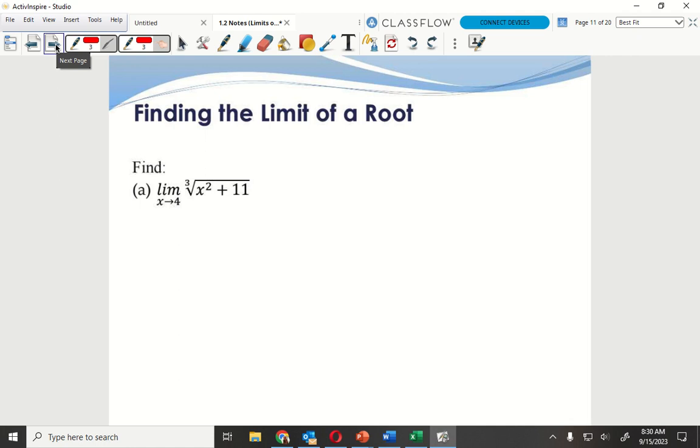All right, so this one right here is an odd root. Is there any restriction here? No, there's no restriction on odd roots. So can we plug in 4? Let's try it. So it's 3 raised to the 4 squared plus 11. 4 squared is 16 plus 11 is 27.